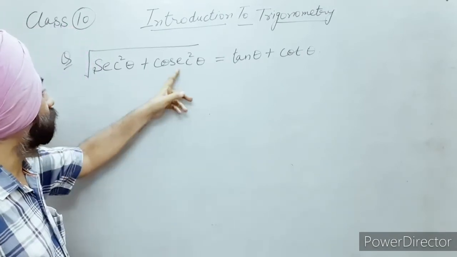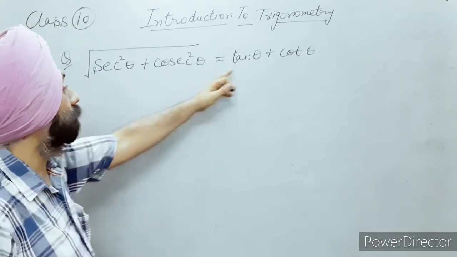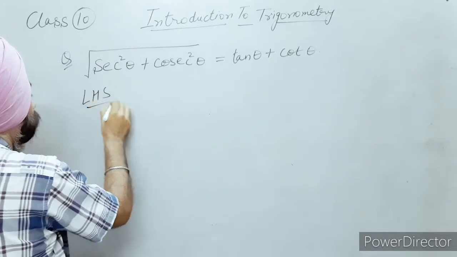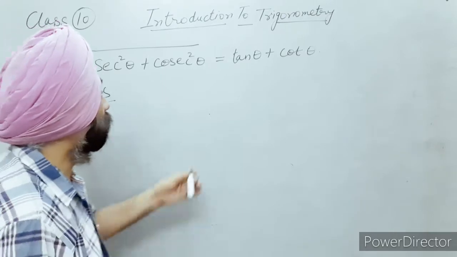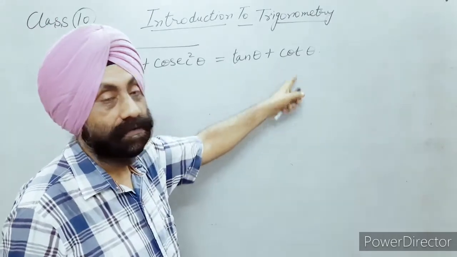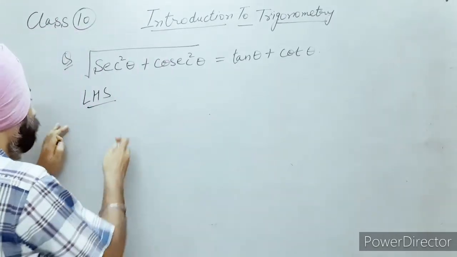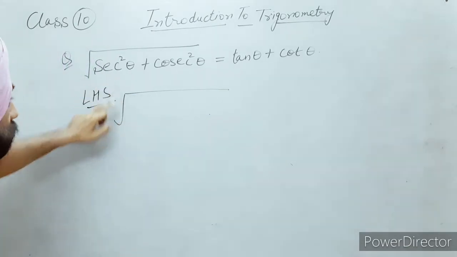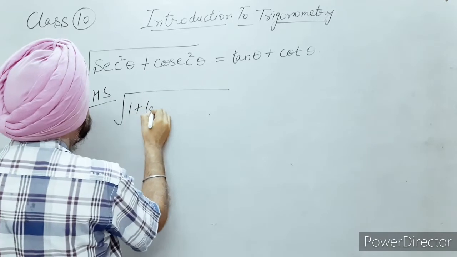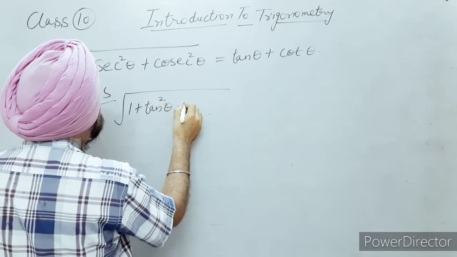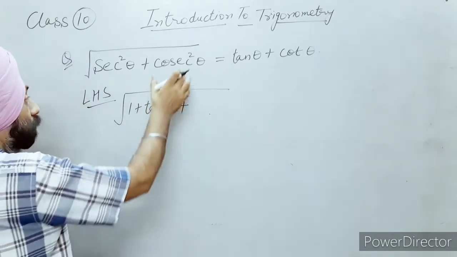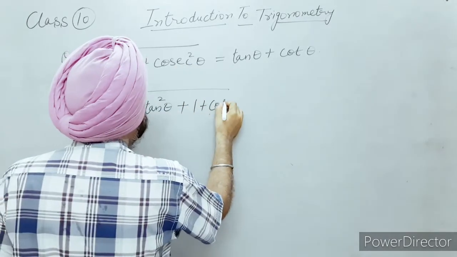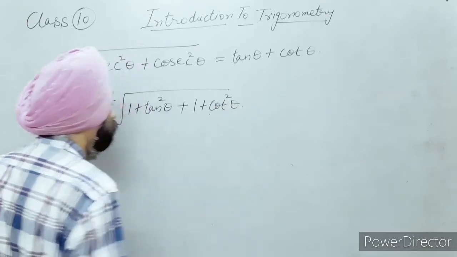Secant square plus cosecant square theta equals this. Take the left hand side and look at the answer on the right hand side. I need tan and cot. Secant squared theta can be written as 1 plus tan squared theta, and cosecant squared theta can be written as 1 plus cotangent squared theta.